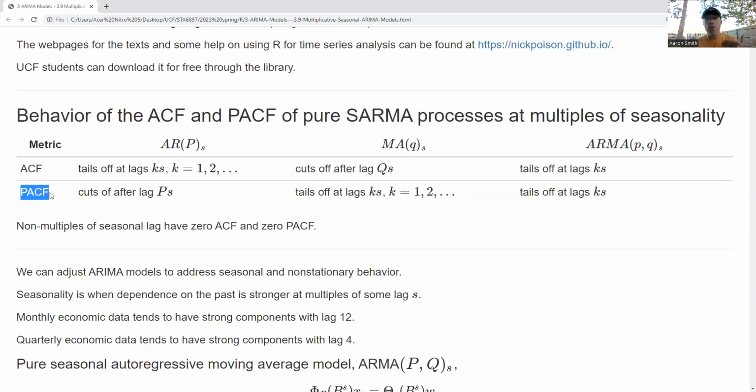And the line of thinking is just like with regular autoregressive and moving average models, except we are looking at multiples of the season time span, like 12 if we're dealing with yearly seasons and we have monthly data.